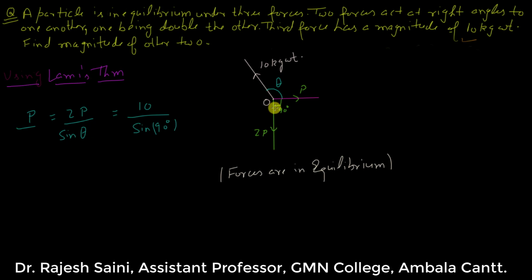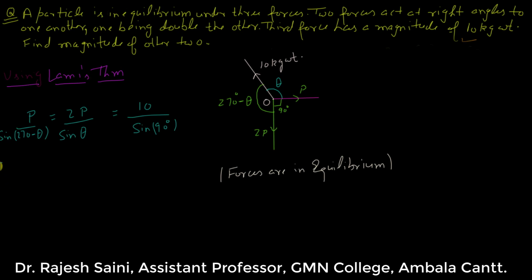Now we know that this whole angle is 360 degrees and out of this 90 degrees is gone, so we are left with 270, and out of 270 theta is also gone, so this angle is nothing but 270 minus theta. So this will be sine of 270 minus theta.